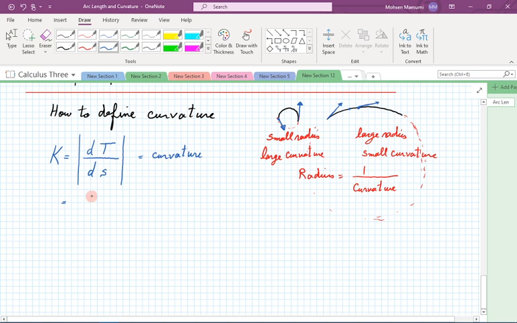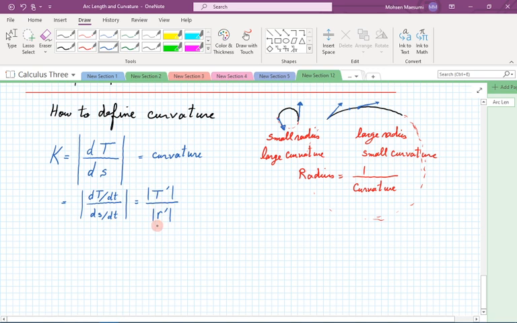So this is going to become dT over dt, and here also ds over dt. We are taking the same ratio. The numerator we can show as T prime. The denominator is just our velocity, so we can show it as r prime or show it as v. So it's going to be the ratio of these two vectors.